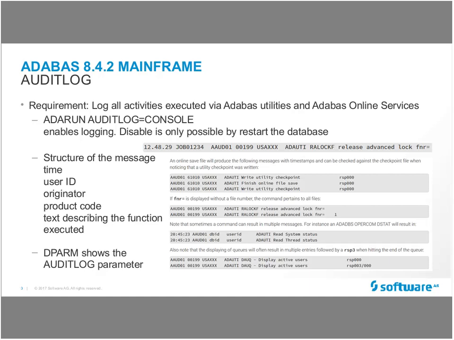So you see ADAUTI, which means it was an Adabas utility, and you get the function that has been executed and the file number if it's related to a file, or, as you can see, if there is no file, then it's against the database itself.